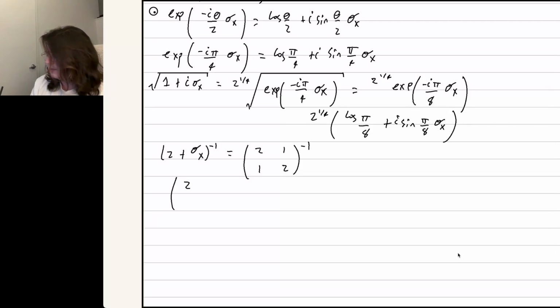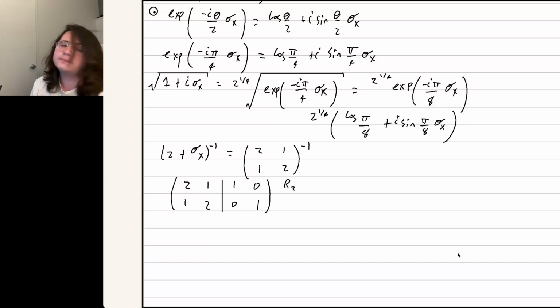If you don't know, you can invert matrices by setting the matrix side by side with the identity matrix, like that, and then perform row operations on both until the matrix on the left turns into the identity matrix.